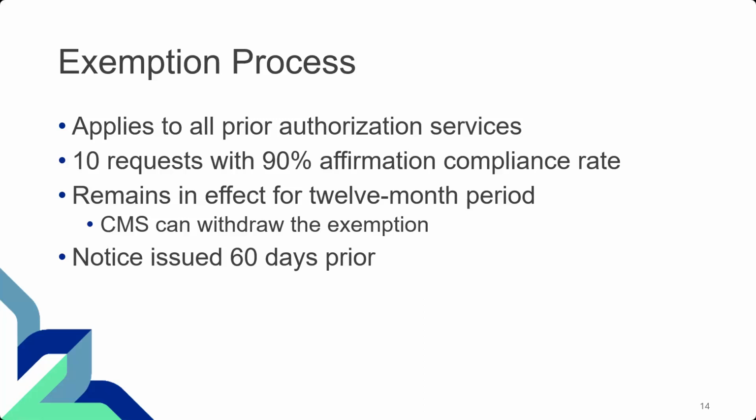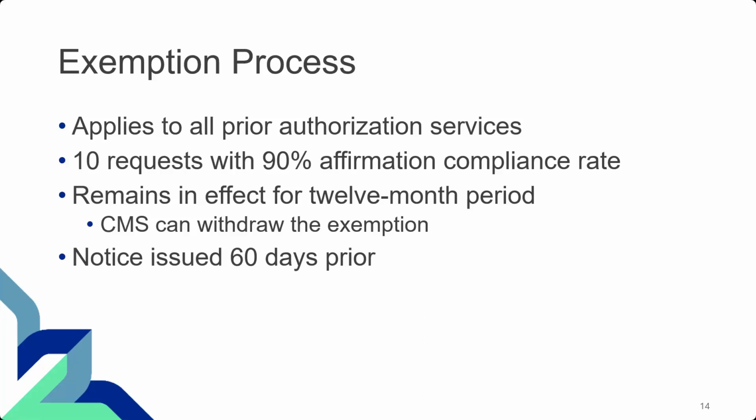This exemption will remain in effect for 12 months, but providers do need to be aware that CMS can decide to withdraw the exemption. If that occurs, notification will be provided 60 days prior to when that exemption is going to end.